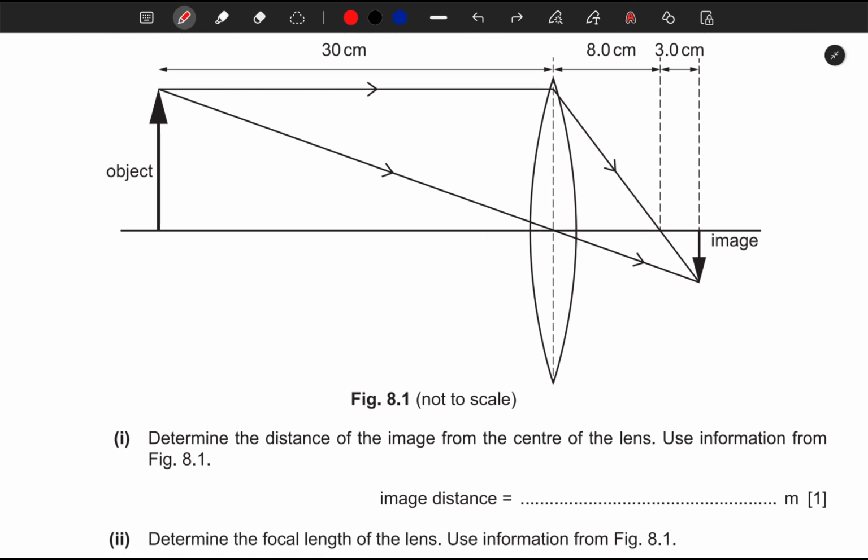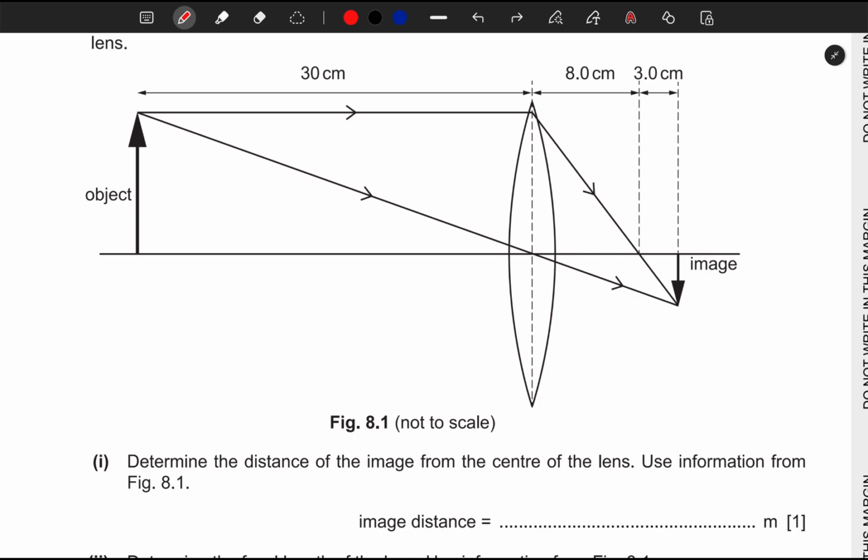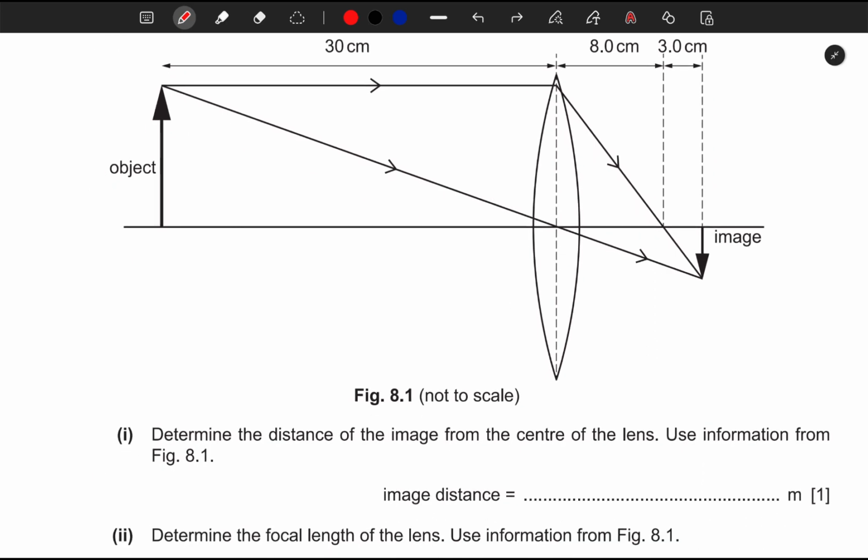Question 1. Determine the distance of the image from the center of the lens. Use the information from figure 8.1. So we are looking for the distance of the image, from where the image is all the way to the center there.